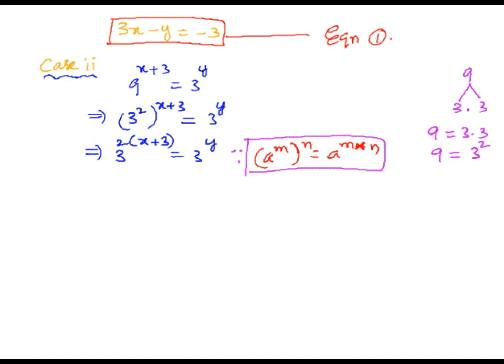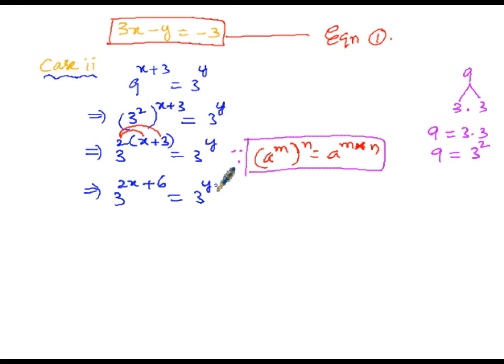Now before writing this logical step, 2 must be multiplied with x and 2 must be multiplied with 3. So 3 to the power of 2 into x as 2x plus 2 into 3 as 6, equals 3 to the power of y.